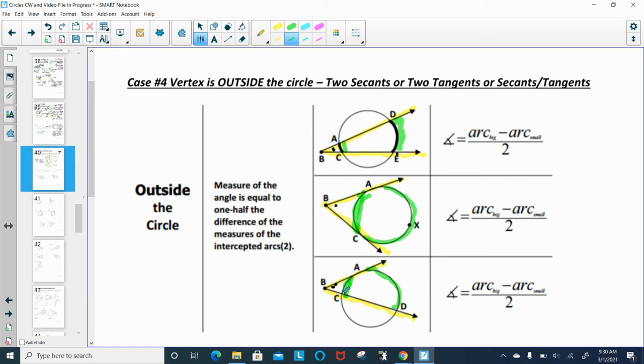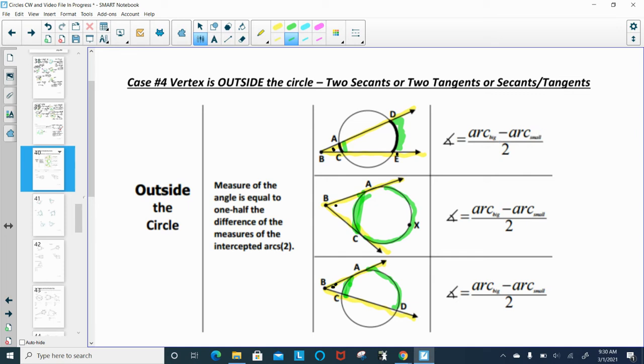So it just depends on the way that the angle is formed, if it's formed from 2 secants or 2 tangents or one of each. But if you notice, the formula stays the same. It says the angle is equal to the big arc minus the small arc divided by 2.